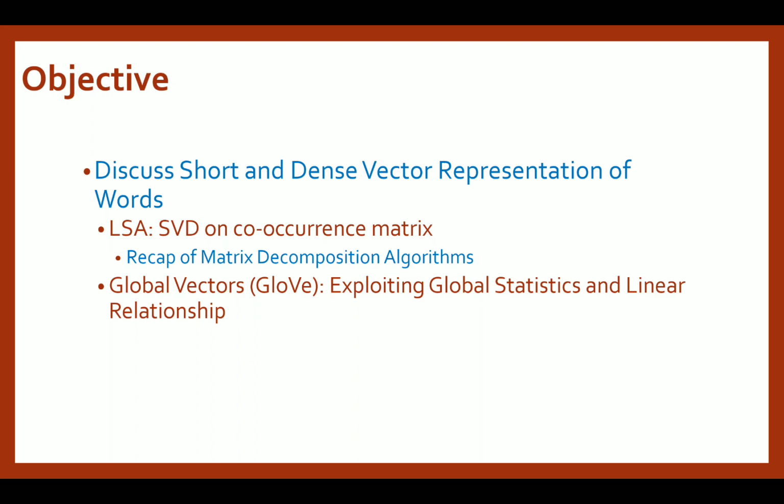But now we will focus on obtaining short and dense vector representations. First we will look into latent semantic analysis or latent semantic indexing, which is essentially a singular value decomposition on the co-occurrence matrix. And then we are going to discuss the global vectors, or in short GloVe.